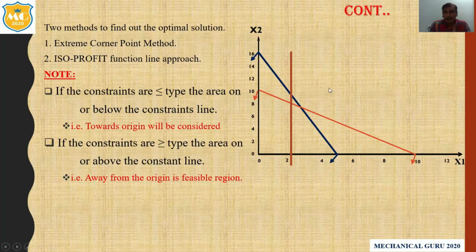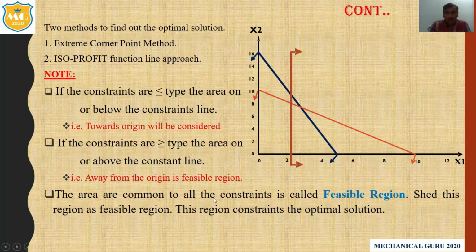If the constraint is x1 greater than or equal to 2, here the sign is greater than or equal to, which means away from the origin. So the origin is here, and away from the origin means we have to represent it with the arrow in this way.